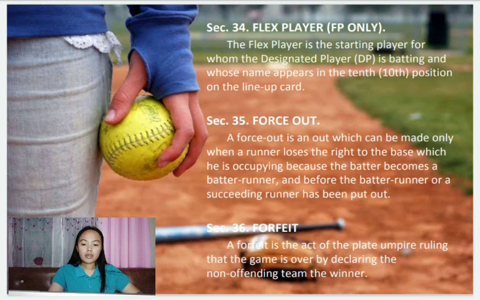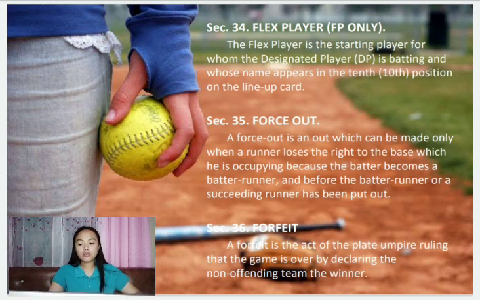On an appeal play, the force out is determined by the force situation at the time the appeal is made, so not at the time of the infraction. If the force has been broken by an out of the succeeding runner prior to the appeal, this is no longer a force out.